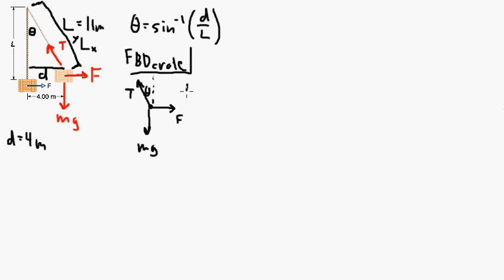Our component FBD for the crate is going to look like this: tension cosine theta, tension sine theta, then mg, and F.